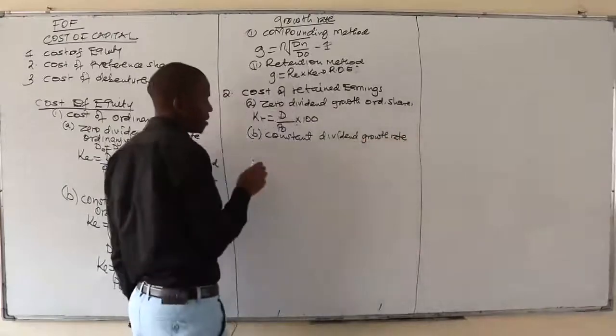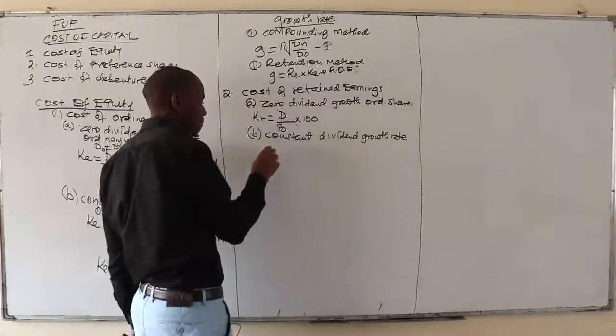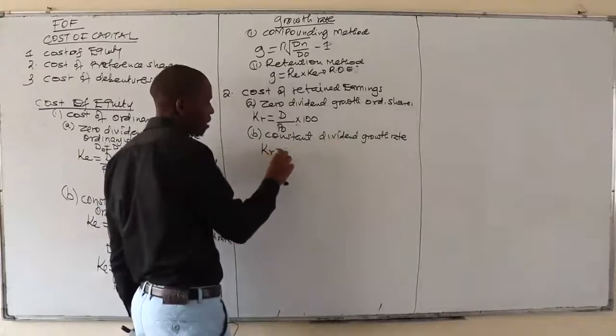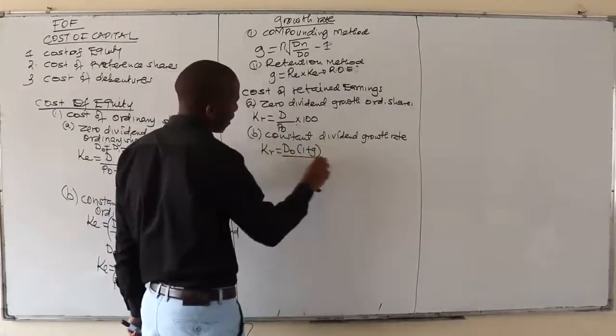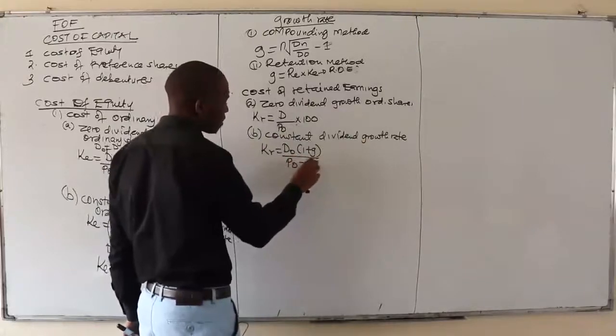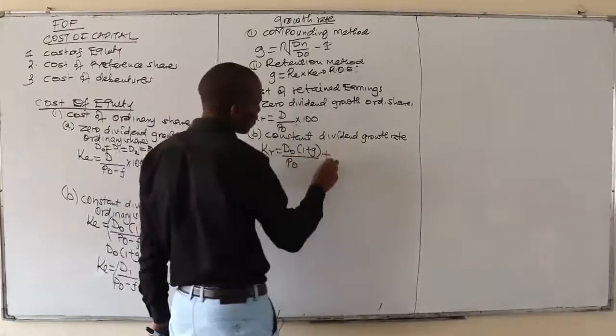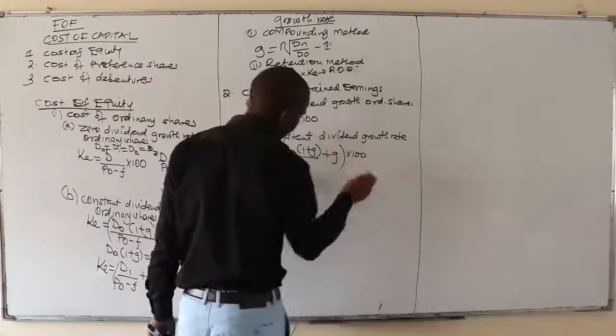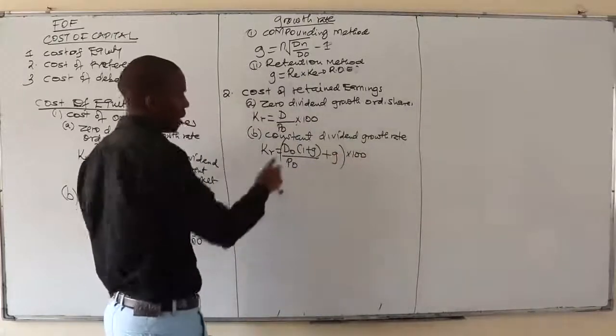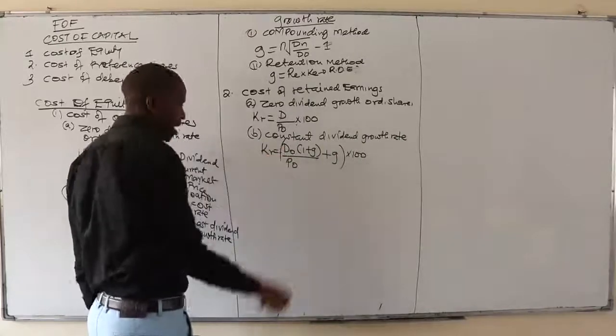Ordinary shares, in that case, the KR will be D0(1 plus g) all over P0 minus flotation cost, plus g, then you multiply by 100.